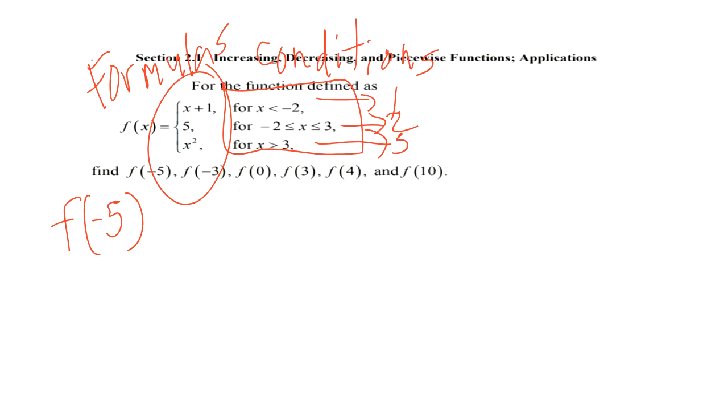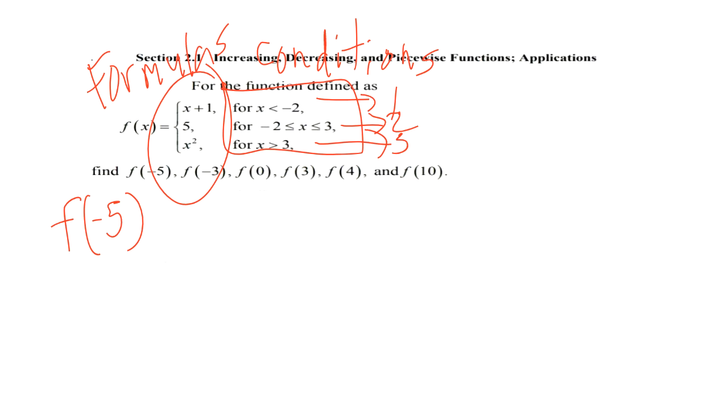I can say, is -5 less than -2? Looking at the second condition, is -5 greater than or equal to -2, or is -5 less than or equal to 3? And if I look at the last one, is -5 greater than 3?